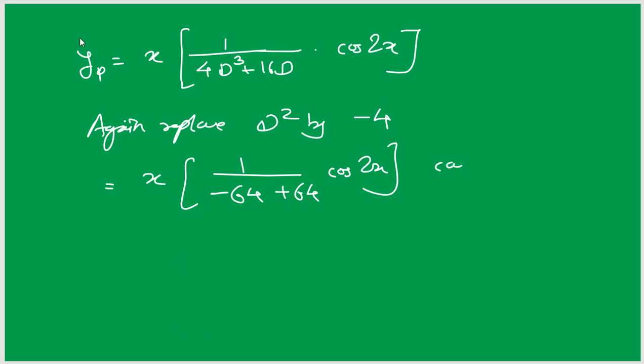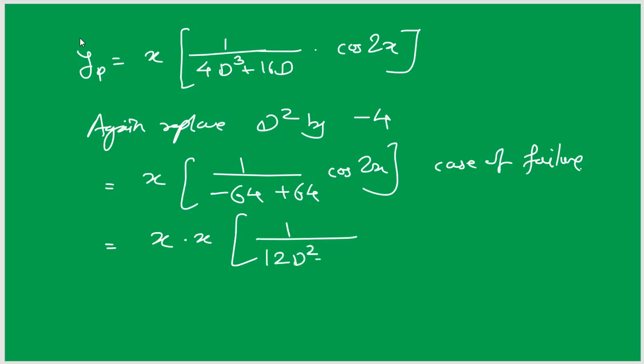Again this is a case of failure, as we have 0 in the denominator. So again we have to multiply by x and take the derivative of the denominator, which is 12D² + 16, on cos 2x.